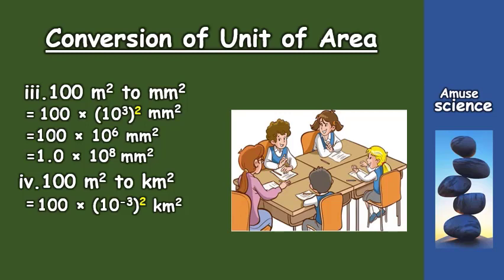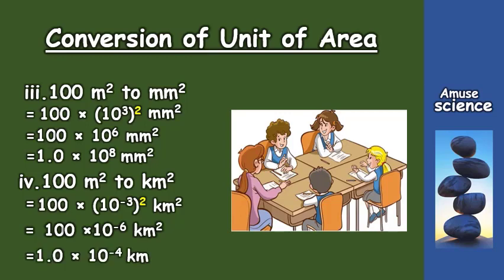Let us remember that the kilo originally is positive 3, and so when introducing it, the sign must change. That is why we have the minus 3 here. Let's apply indices here. We are going to get 100 times 10 exponent minus 6 kilometer squared, and changing it to standard form, we are going to get 1.0 times 10 exponent minus 4 kilometer squared.